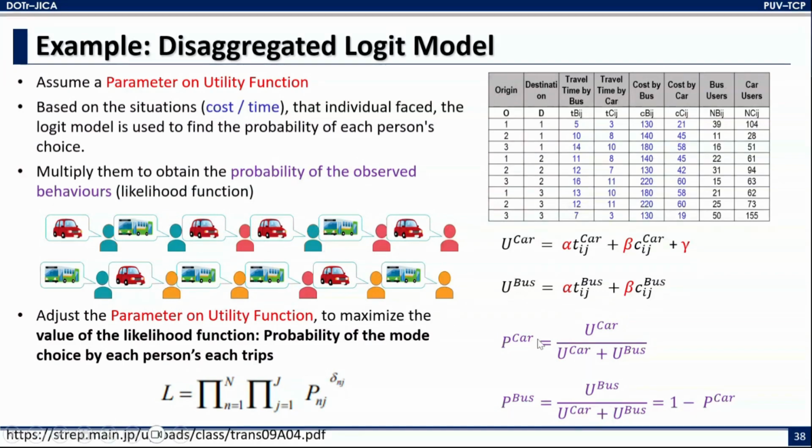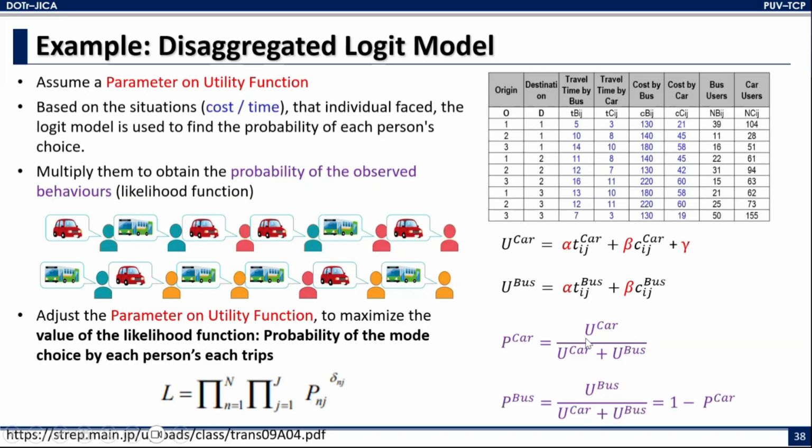From this result, the probability of car use can be estimated by this formula, and the probability of public transport can be estimated from this formula.